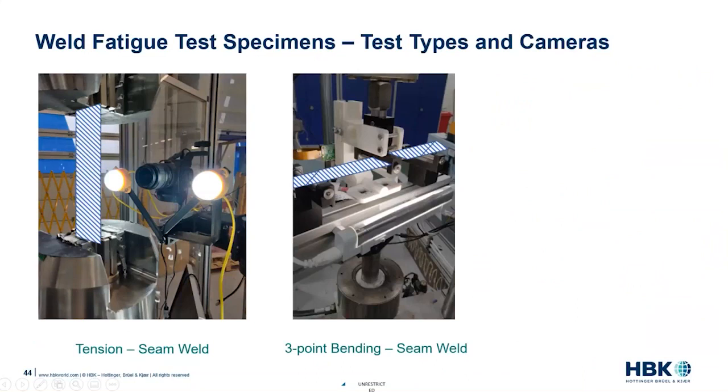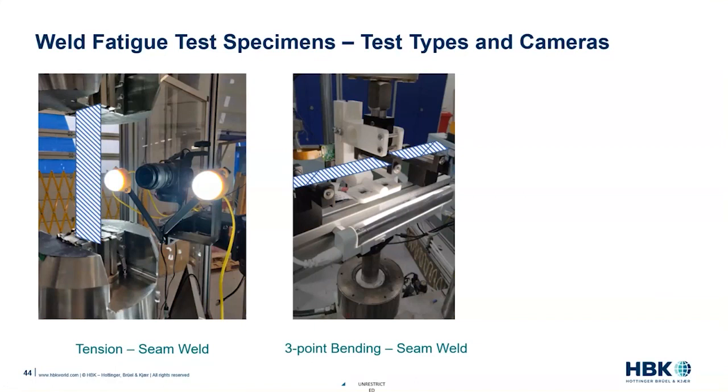The first one here is for a tension test of a seam weld. The specimens themselves are cross-hatched out. That first camera system is a Nikon.